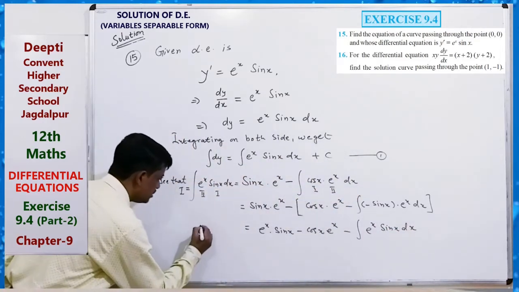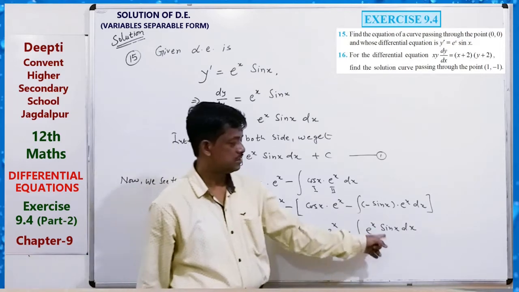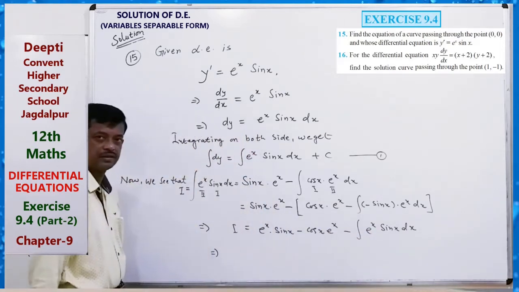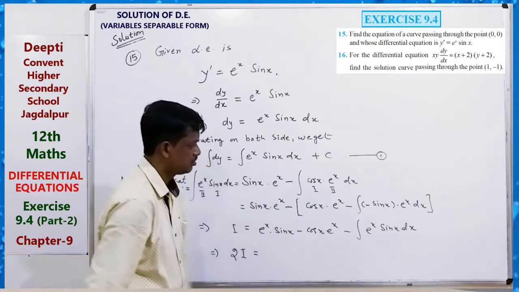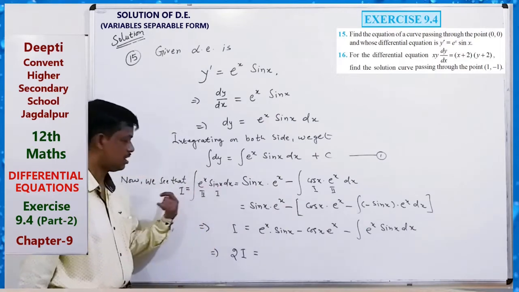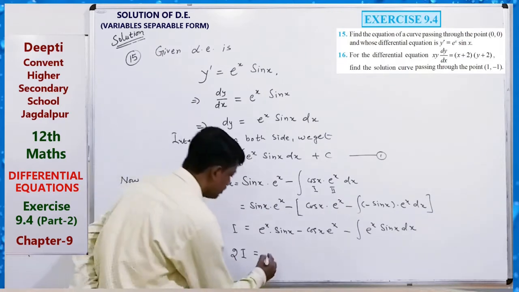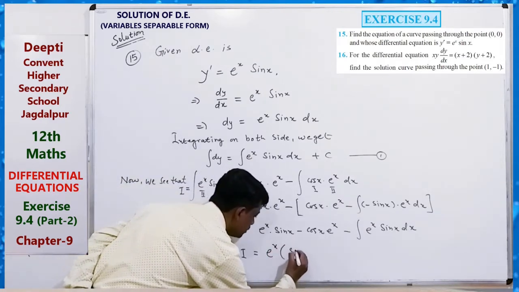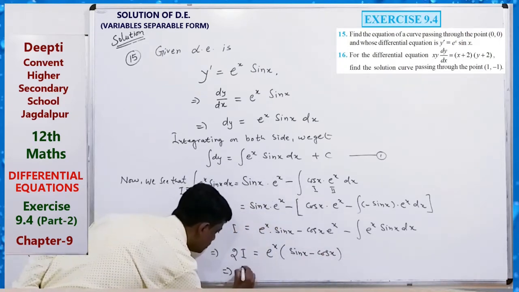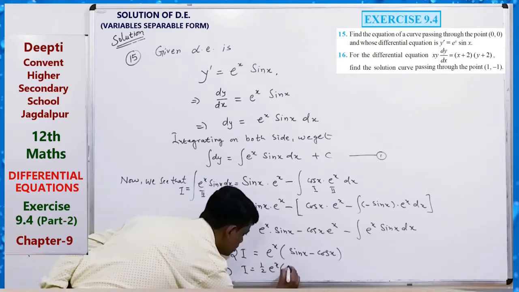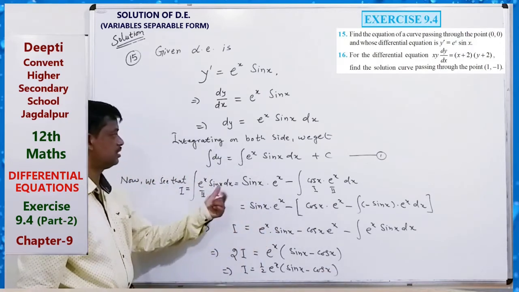Here this is I, this is also I. So, minus I transferred to the left hand side, 2I equals e to the power x common, we get sin x minus cos x. So I equals half e to the power x into sin x minus cos x. I means this integral.